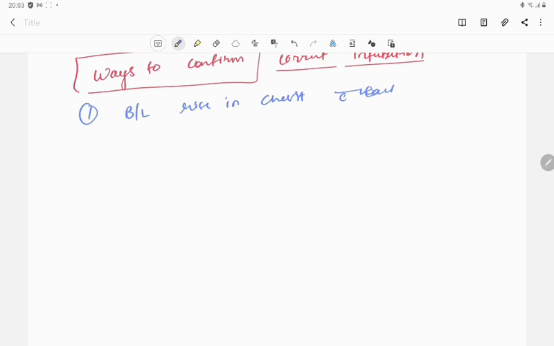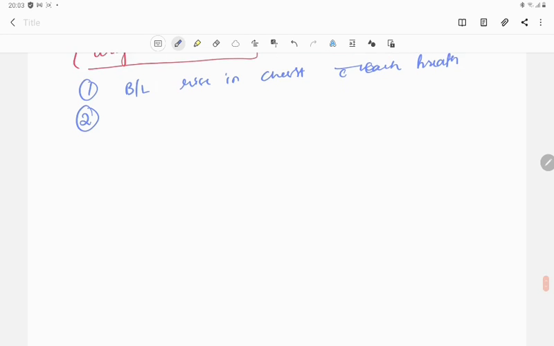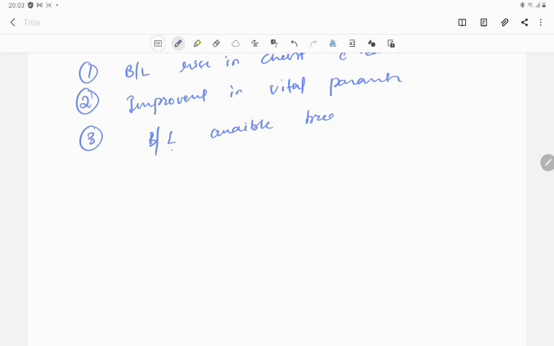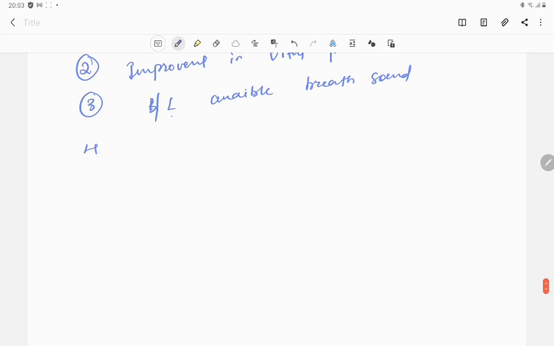With each breath, as you are pushing the air, the chest is getting raised, right? Improvement in vital parameters, right? Or when you put a stethoscope on the chest of the baby, there will be bilateral audible breath sounds, right?